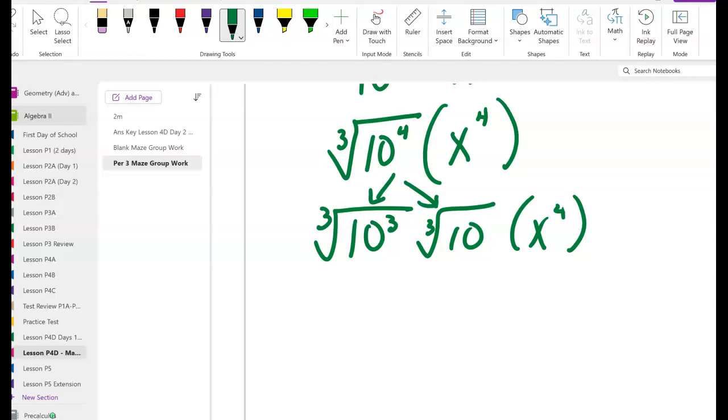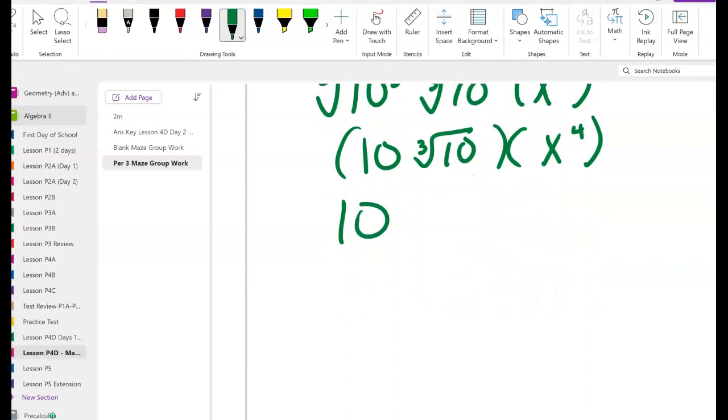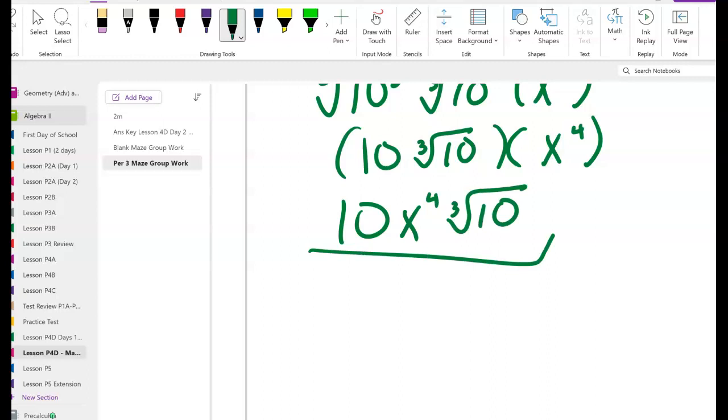And guys, what's the cubic root of 10 cubed? Times the cubic root of 10, and that's all being multiplied by x to the 4th. Now, the fancy way of normally writing this is 10 times x to the 4th times the cubic root of 10. They normally put the cubic root at the end when you're working with it.